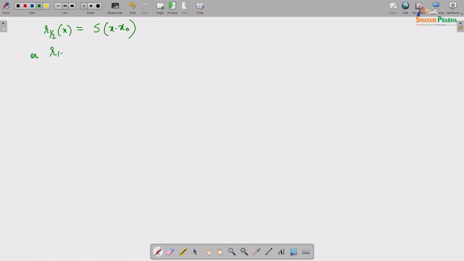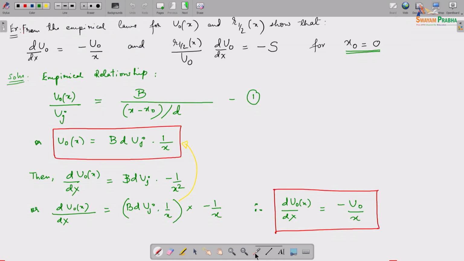So we can write it in terms of x. But from before, we have seen that 1 by x is nothing but minus 1 by u naught d dx of u naught.